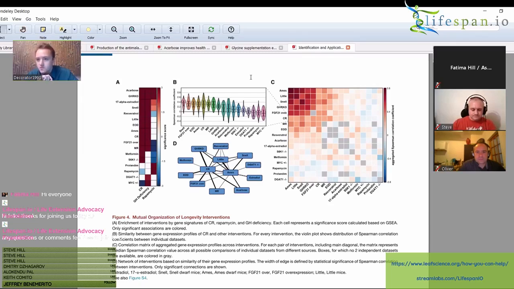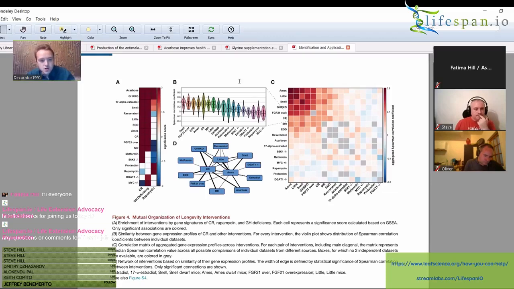That's the main point. If you take 2 interventions from the same source, then you have shared controls between them, and this is not an independent comparison. That's why, if you compare datasets from the same source, you will have on average higher correlation than you would independently. So this is a biased approach. To make it unbiased, we looked only at comparisons between different sources.